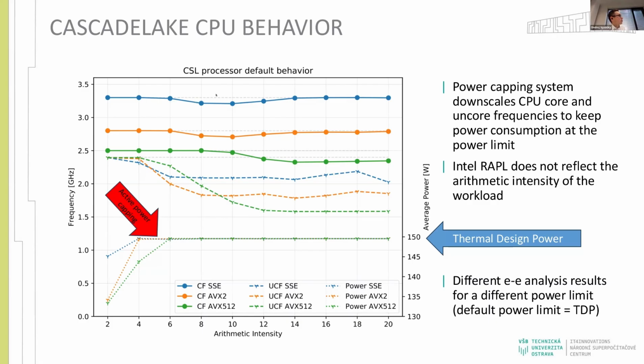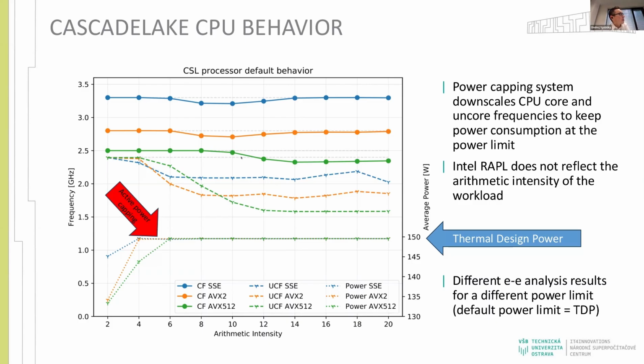For that region, it reduces the core frequency, but only slightly. In AVX-512, it started to reduce the core frequency more. So you can see here we have a purely compute-bound workload, but the core frequency is reduced. And here we have the uncore frequency, the other one.